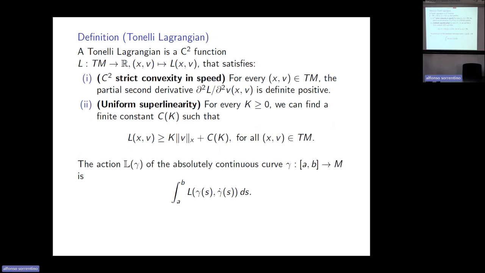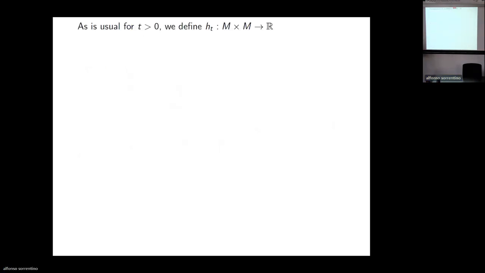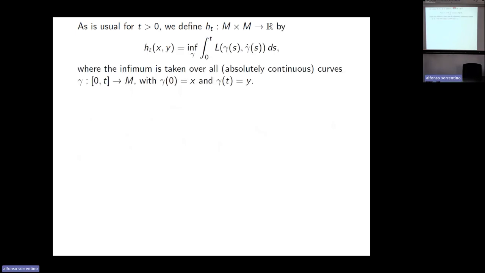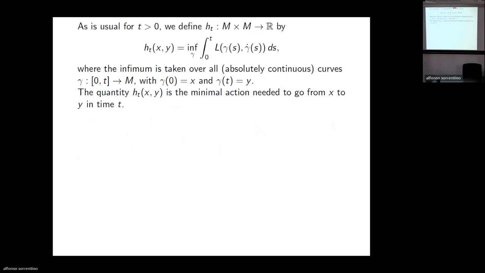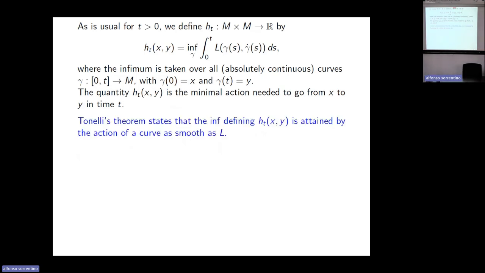If we take an absolutely continuous curve, the action is just the integral of L on the speed of the curve gamma. And for t positive, we define h_t(x,y) as the infimum of actions of curves joining x at time 0 to y at time t. So this is the minimal action needed to go from x to y in time t.